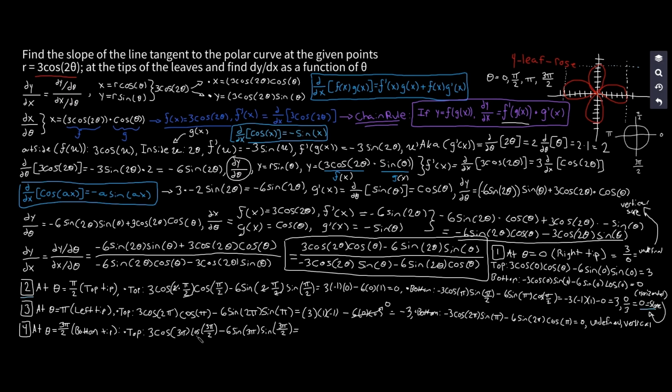Let me just check it. Yeah, it's 0. So 0 times anything is 0, minus 6 times sine of 3 pi. Sine of 3 pi is 0, yeah. So it's just 0 minus 0, guys. It's going to be 0. Okay, and then let's see what's going on with the bottom.